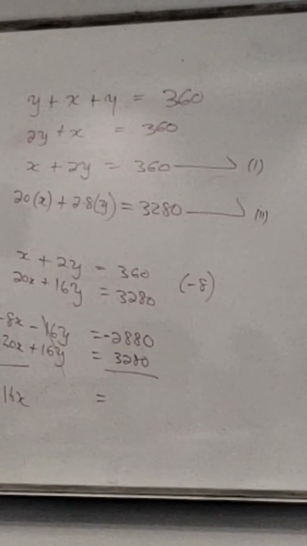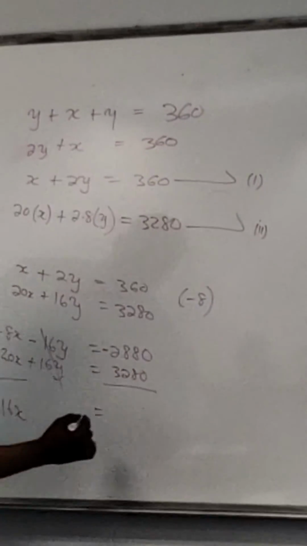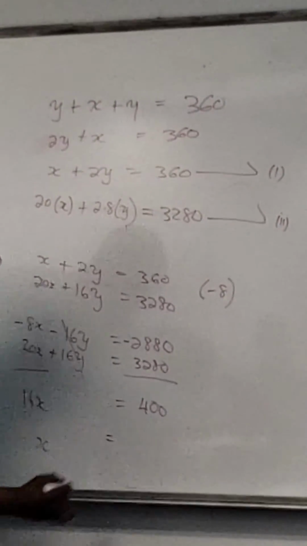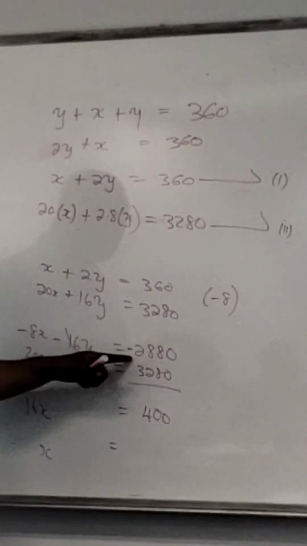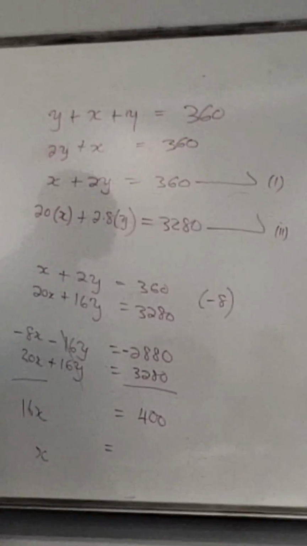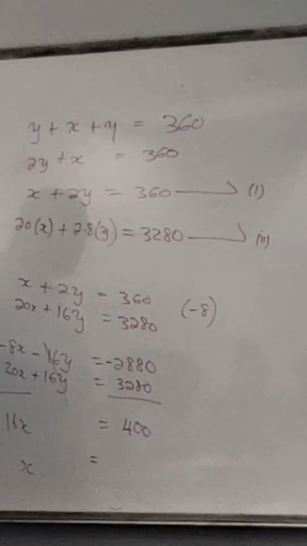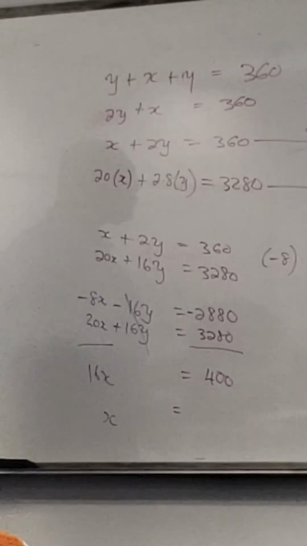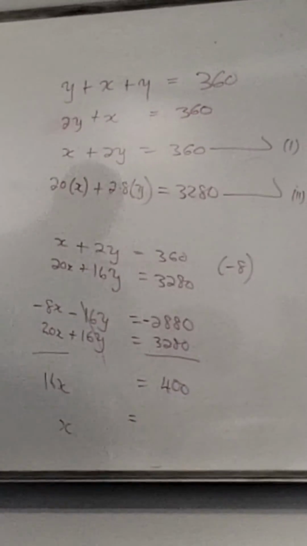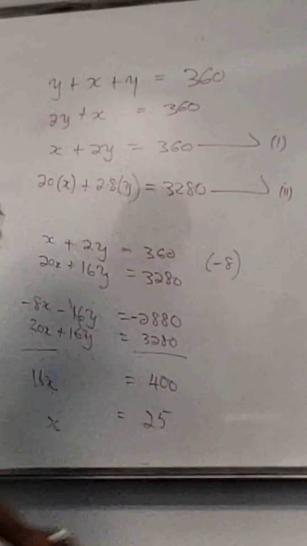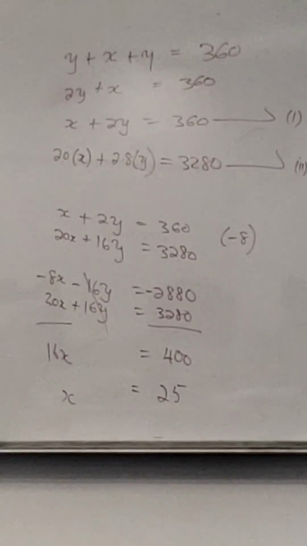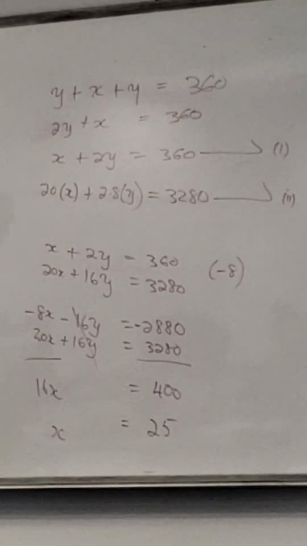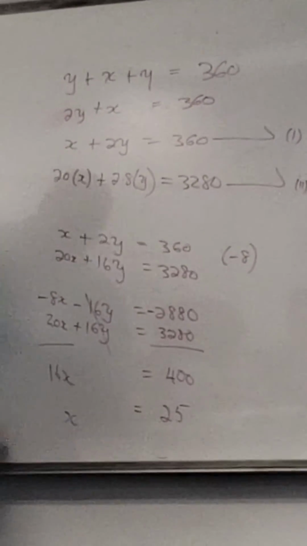So x is equal to what? 400. So that's going to be 400 divided by 12. It's supposed to be 12x.